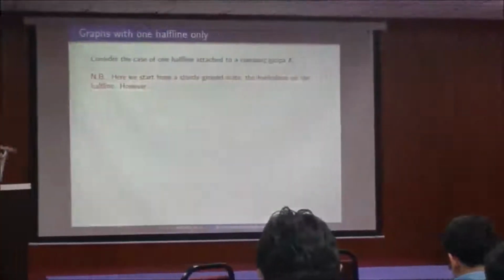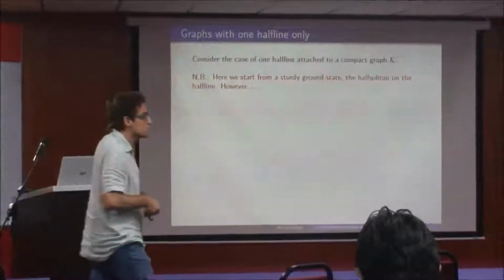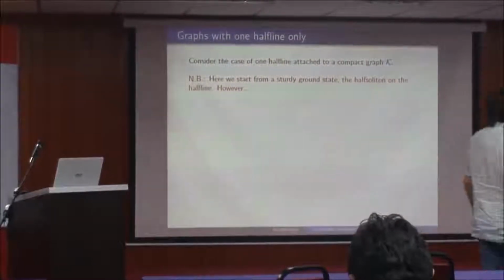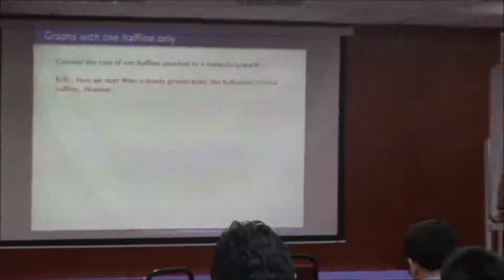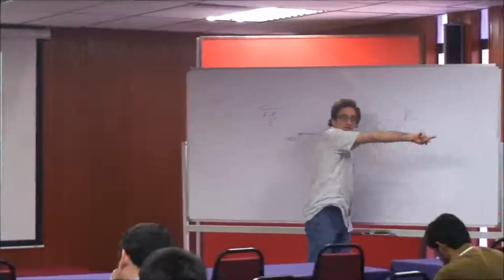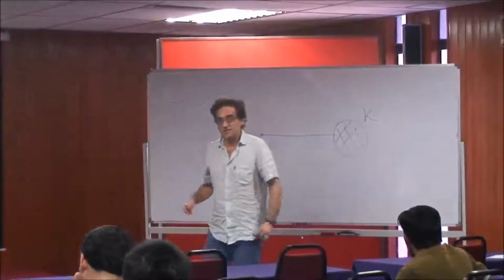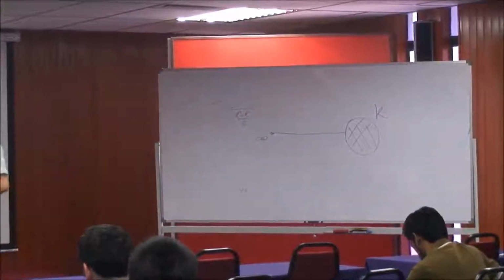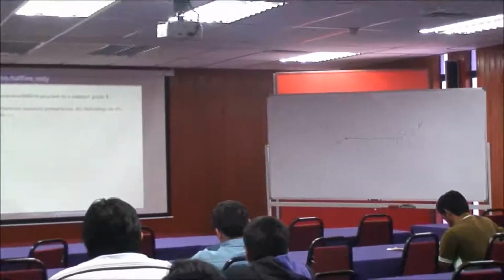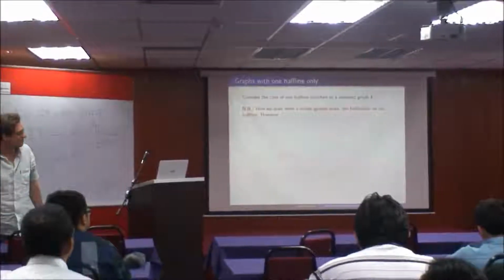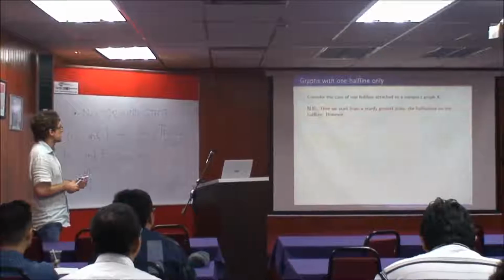If you have only one half line, of course, hypothesis H cannot be verified, because hypothesis H says that there exists a trail that connects 2 points at infinity, at least one trail. But if you have only 1 point at infinity, there is no trail. Okay? So hypothesis H is not satisfied.